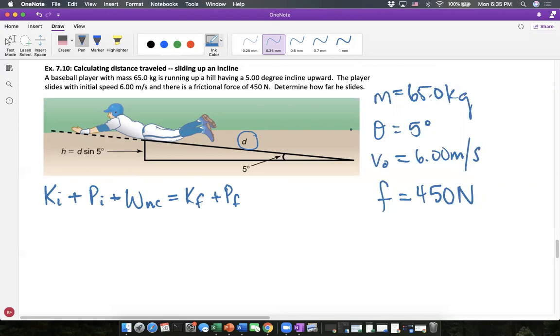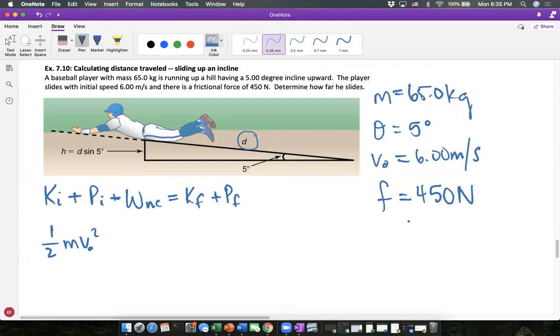Okay, so we are given that he has some kind of initial velocity, so we will have our kinetic energy involved. So we have 1/2 mv0 squared. Our starting potential energy is going to be based on height, since we're just looking at gravitational potential energy, but our initial height is just 0.